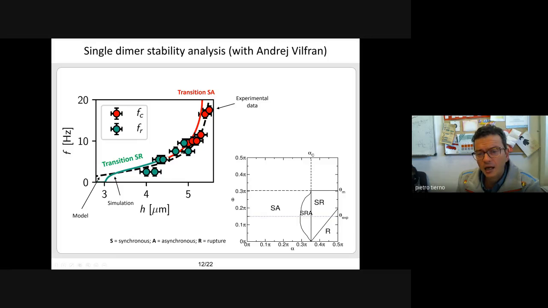Okay, once we understand this dynamics, it's very nice that it can be understood at least at the level of single particles, at least the transition from broken dimers to combined. But actually, we are also interested in investigating collective effects and this emergence of current.